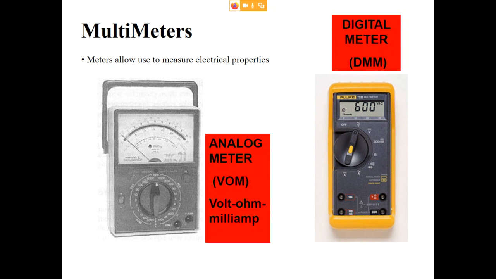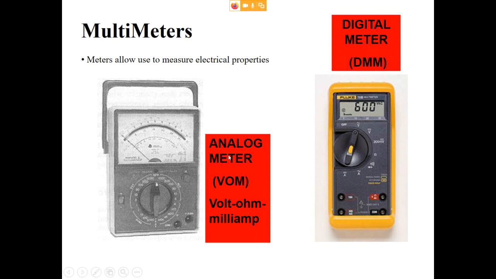The older style were what we called analog meters. Usually they were referred to as a VOM, which is a volt ohm milliamp meter, because they might be able to read amps, but usually reading milliamps with a meter like this.